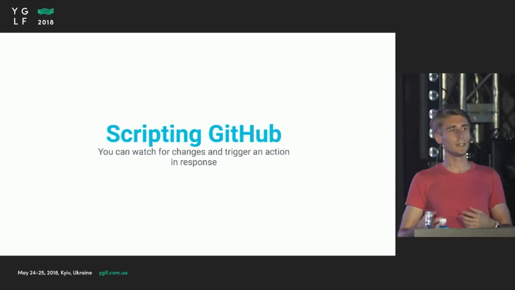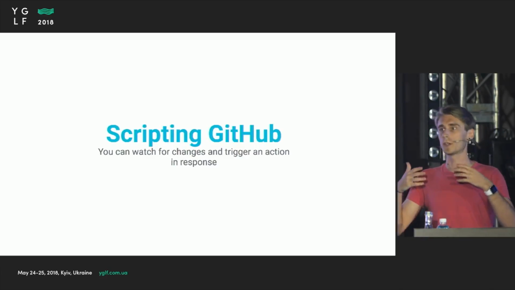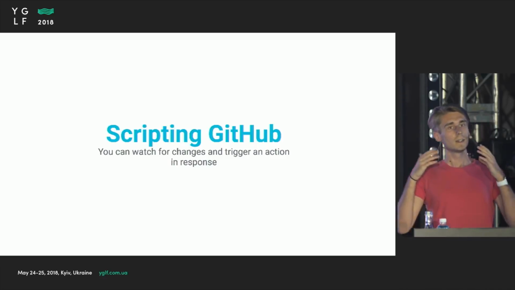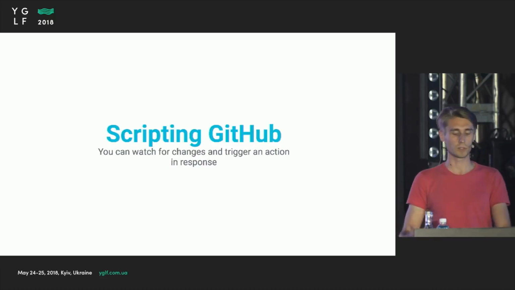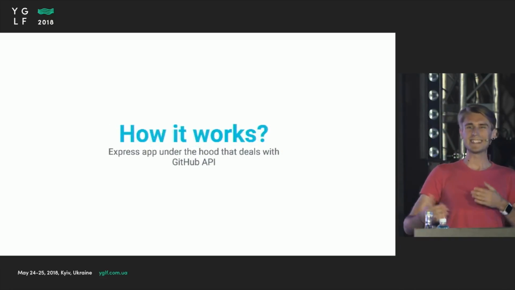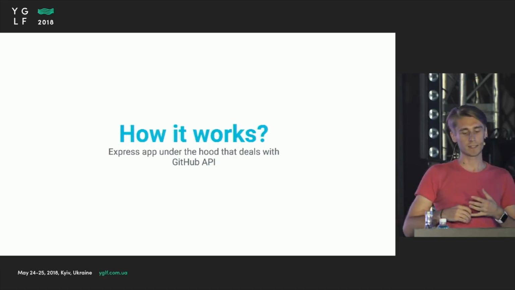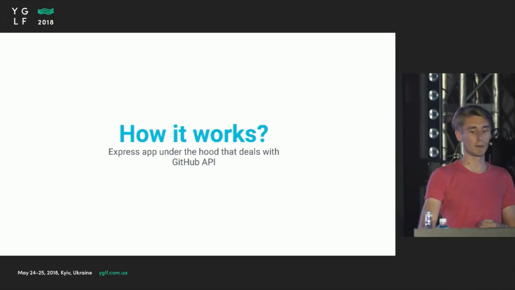It opens up the ability to script GitHub. You can watch for changes, receive some metainformation, analyze it, and trigger an action in response. How does it work? Actually, Probot is an Express application under the hood that deals with the GitHub API.